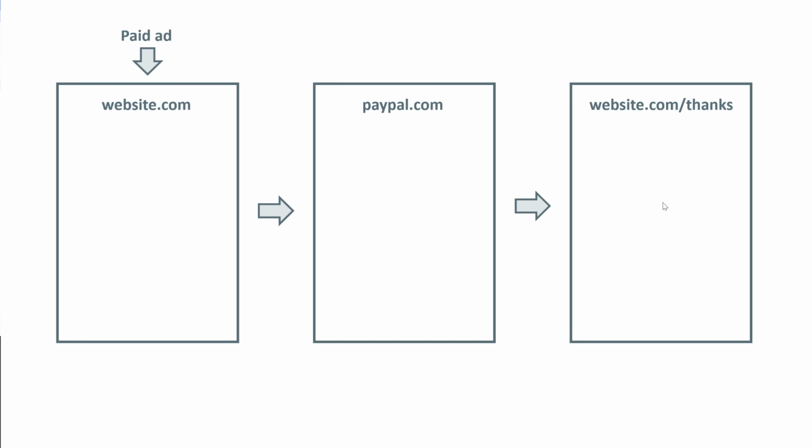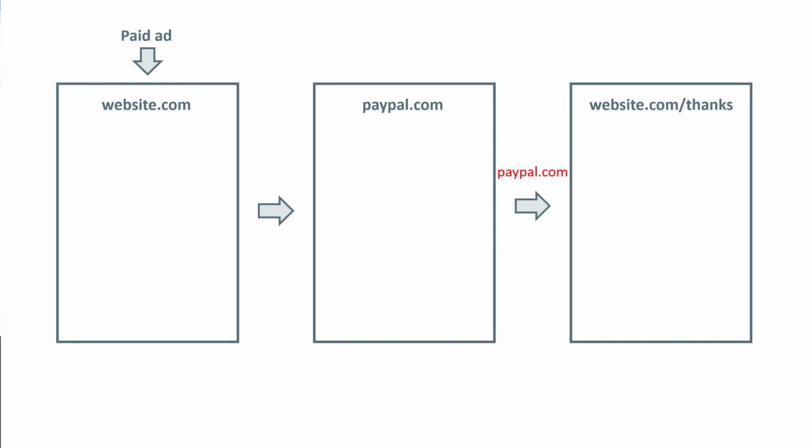So by default, in this kind of situation, Google Analytics 4 will start a new session and the traffic source will be paypal.com. But if you don't want that, then you can include paypal.com as an unwanted referral in Google Analytics 4.